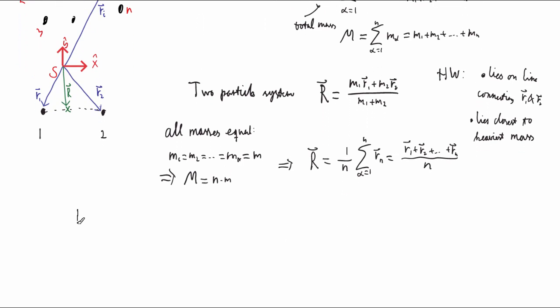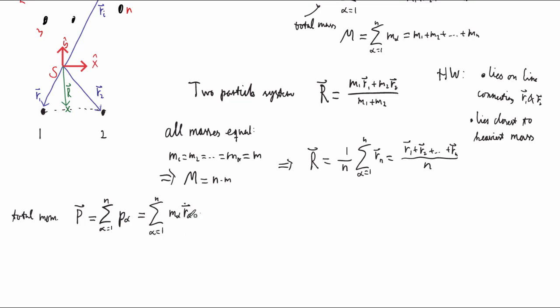So we have that the total momentum of the system, P, is given by the sum over all the particles, like so. If you write that out explicitly, that becomes the sum from alpha equals 1 to n of m alpha r alpha dot.